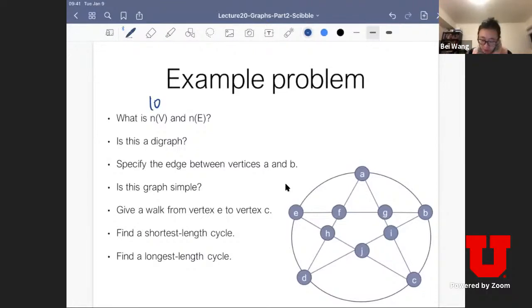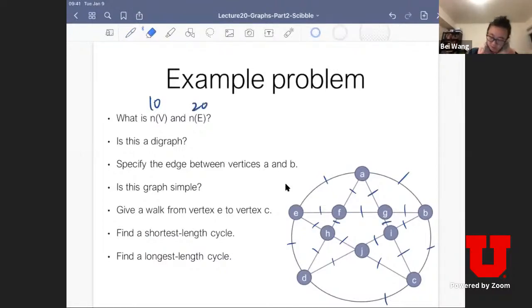So I'm just going to use 1, 2, 3, 4, 5, 6, 7, 8, 9, 10, 11, 12, 13, 14, 15, 16, 17, 18, 19, 20. Okay, so that's 20 edges. Let me erase my markers.